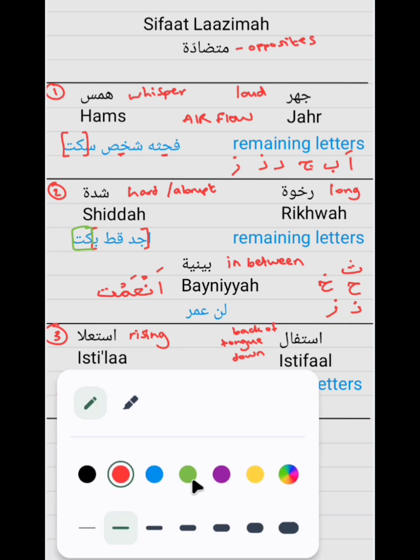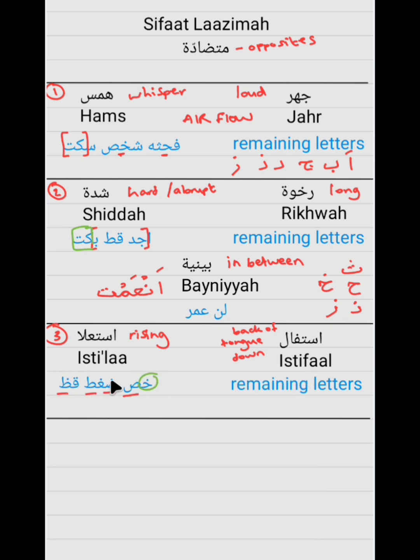However, the other three letters, kha, ghain, and qaf, do not form part of the category itbaq, which means that when they have kasra, they're going to be a little bit less full than usual. So it's not going to be empty to the point of an empty mouth letter, but it's going to be a little bit less full. I'll give an example.